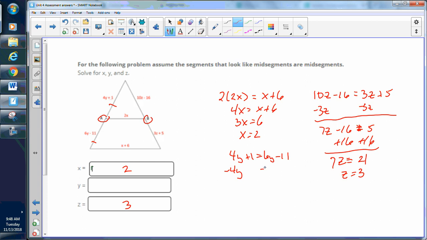Subtract 4y, subtract 4y. 1 is 2y minus 11. Add 11. Y is 6. So again, 2 times the mid-segment equals the third side. And if a point is a midpoint, it divides it into 2 equal pieces.